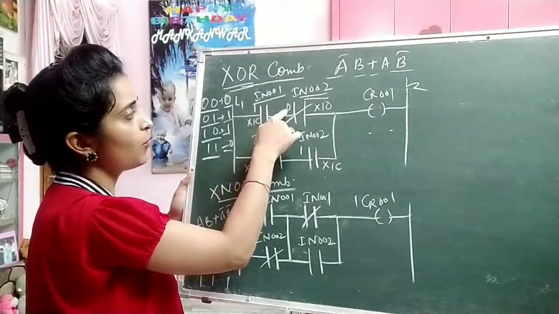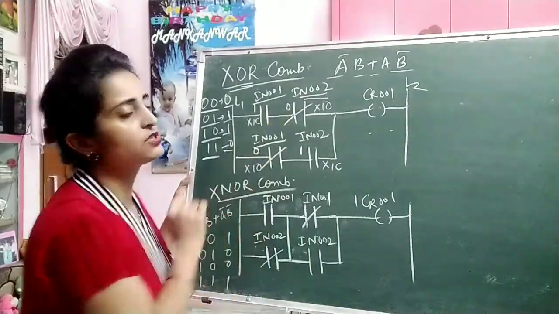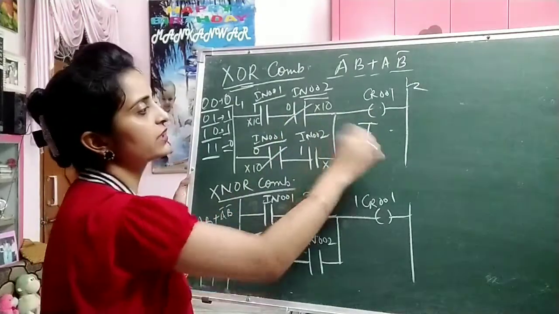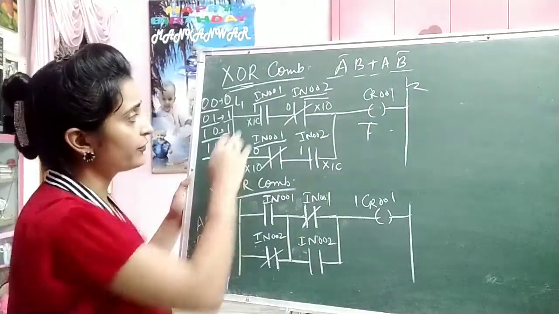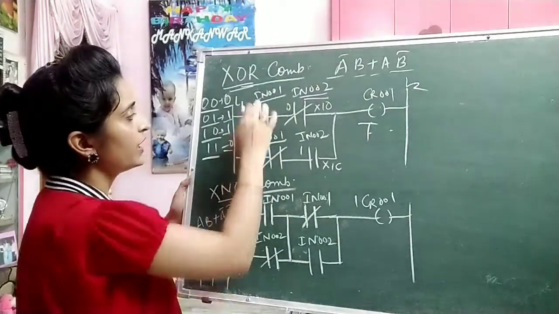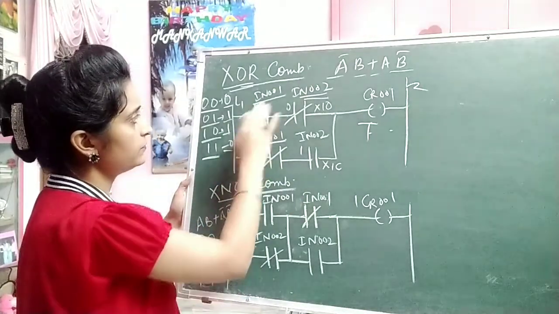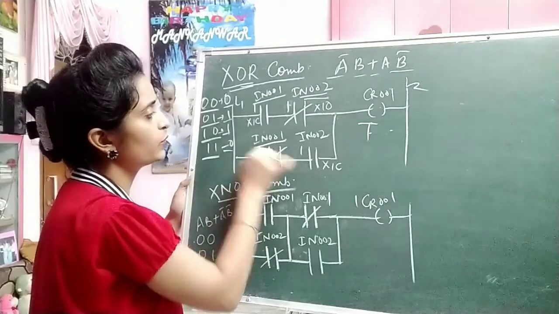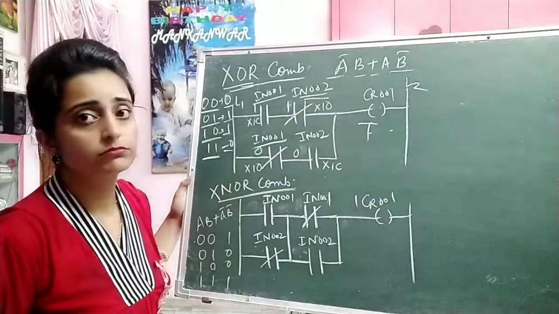So this combination becomes 1 0 and 0 1. The output in both these conditions will become true if it is 1 0 or 0 1. If it is 1 1, it becomes 0 0.